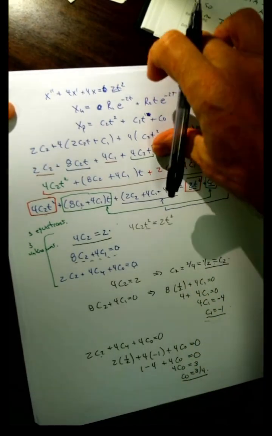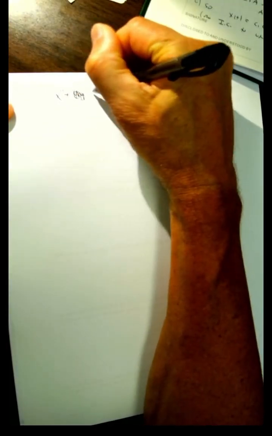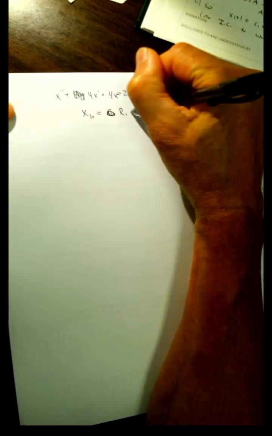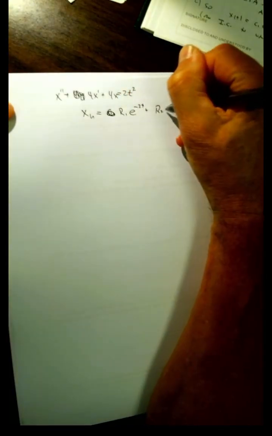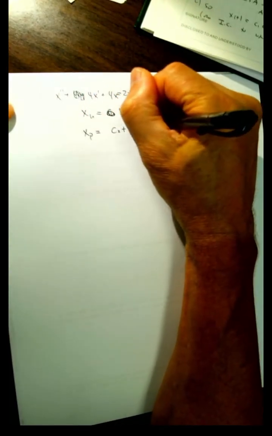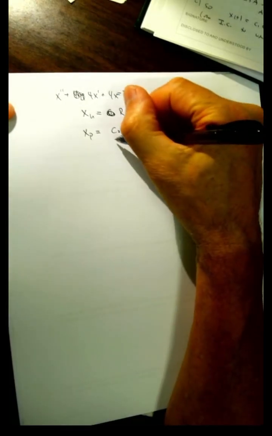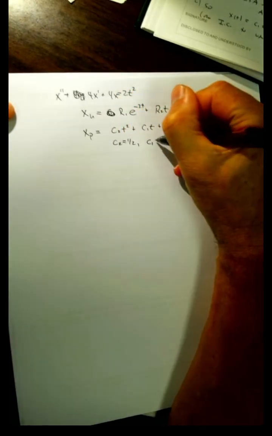So let me rewrite that now. Again, my original differential equation was x double prime plus 4x prime plus 4x equals 2t squared. My homogeneous solution was r1 e to the minus 2t plus r2 t e to the minus 2t. And my particular solution, I said, was c2t squared plus c1t plus c0. I substituted that back into the original equation and found that c2 is a half, c1 is minus 1, and c0 is 3/4.